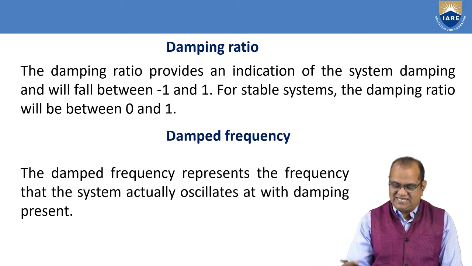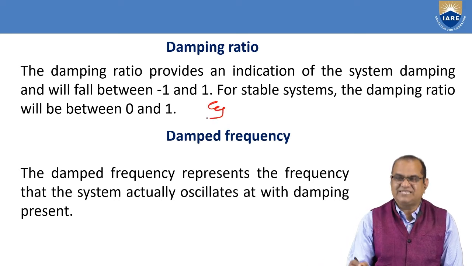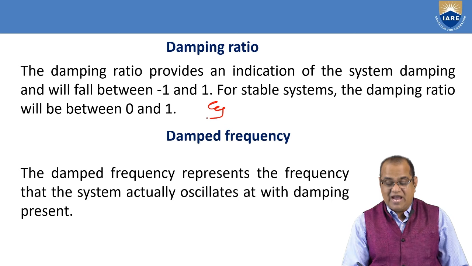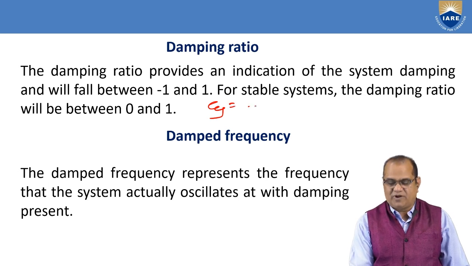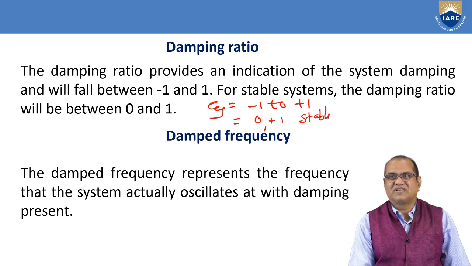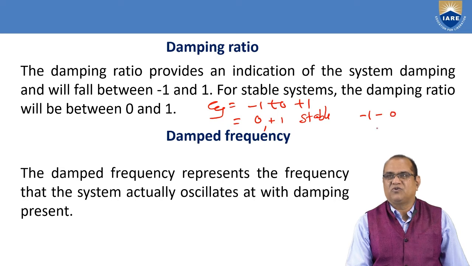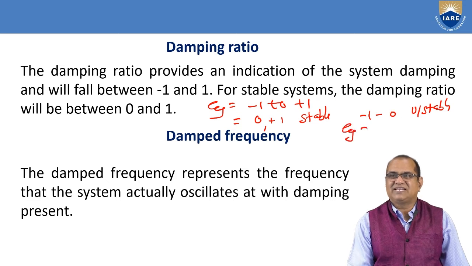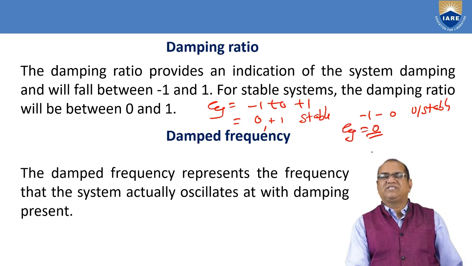This zeta is called the damping ratio, and its value goes from -1 to +1. For the stable case, it is 0 to +1. For unstable, -1 to 0. And for neutral, zeta is equal to 0. So these are the values.